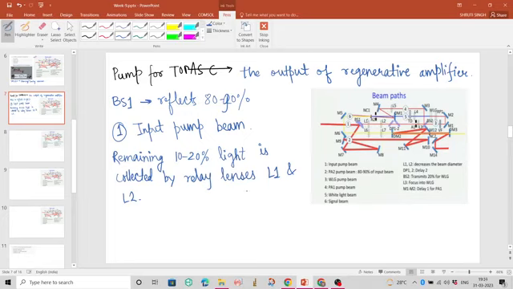these are called relay lenses. So what relay lenses do: relay lenses L1 and L2.